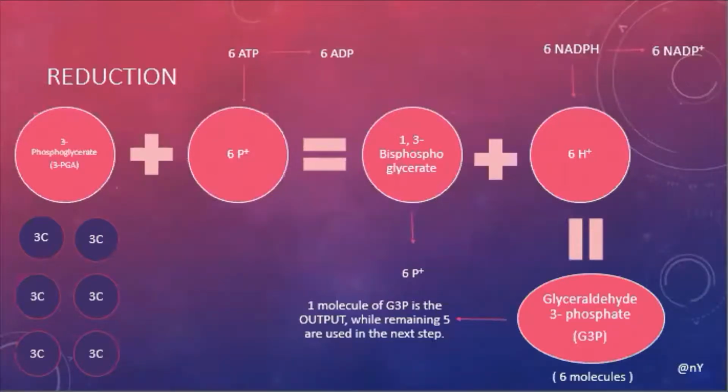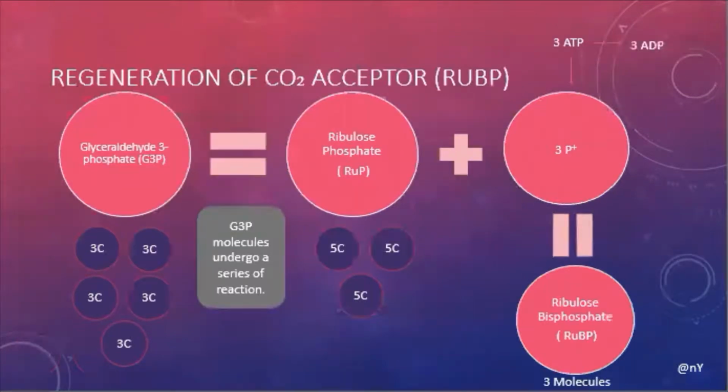The next step, or we can say the last step of the Calvin cycle, is to regenerate the carbon dioxide acceptor, the RuBP, which actually initiates the process. So we have 5 molecules of glyceraldehyde 3-phosphate, each containing 3 carbon. They undergo a series of reactions to produce 3 molecules of RuP, ribulose phosphate, each containing 5 carbon.